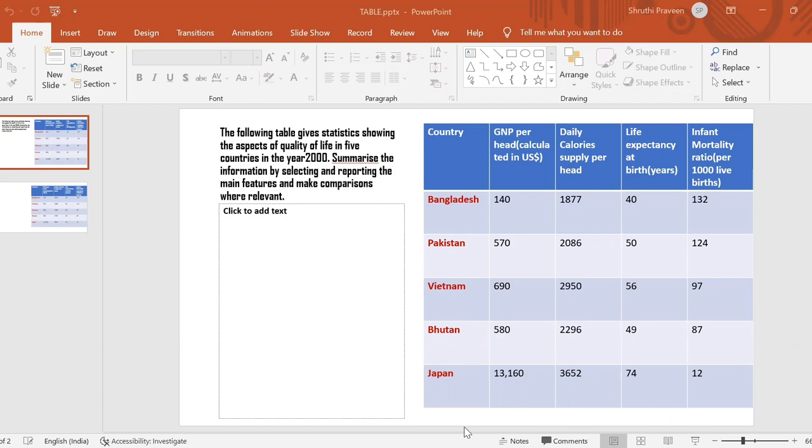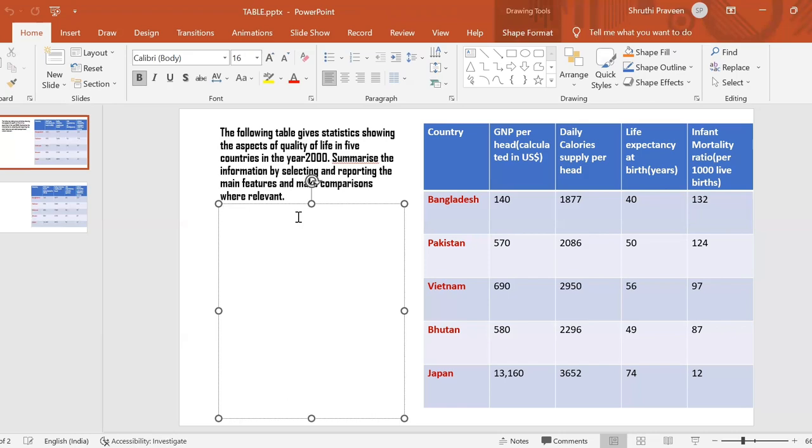Okay, so we'll start with the table. Now, the following table gives statistics showing the aspects of quality of life in 5 countries in the year 2000. Summarize the information by selecting and reporting the main features and make comparisons where relevant.